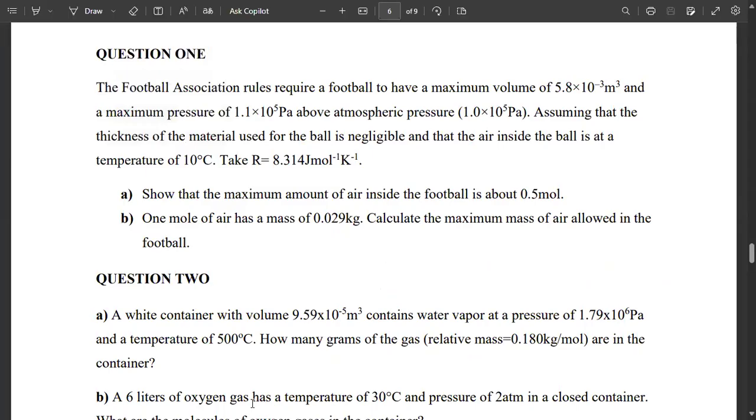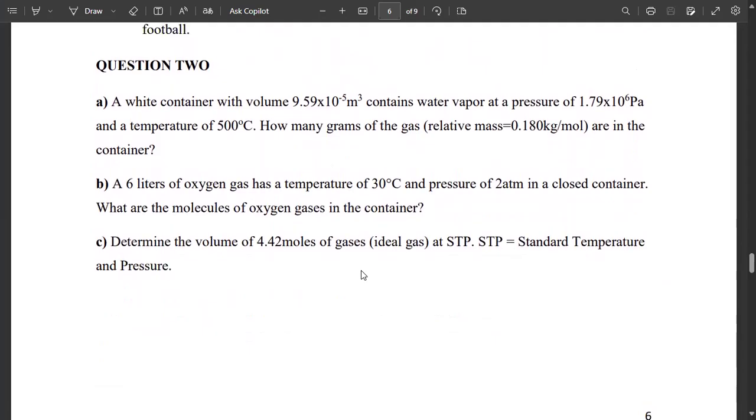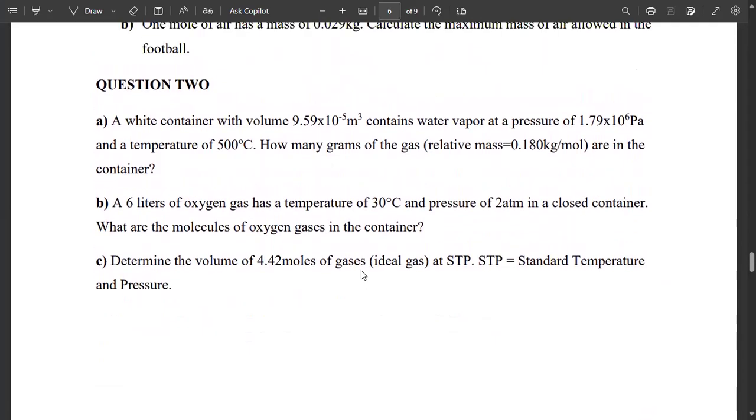Okay, we can move on to question 2, which is saying a white container with volume 9.59 times 10 to the power minus 5 cubic meters contains water vapor at a pressure of 1.75 times 10 to the power 6 pascals and a temperature of 500 degrees Celsius.